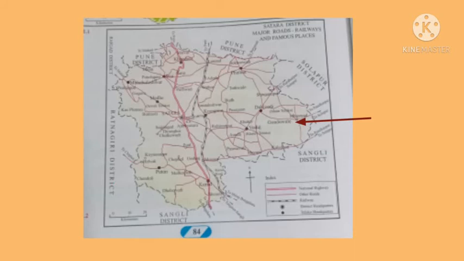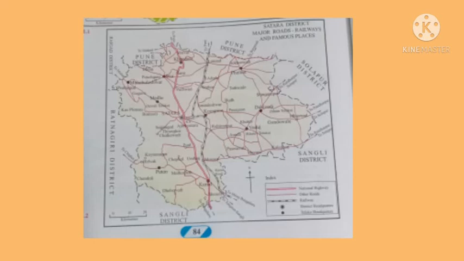Comparatively, the central part of the district has a dense transport network. So, what is the reason? In the central part, the height of the land is moderate. And why is it very sparse in the western part? Because the Sahyadri mountain lies in the western part and that region is comparatively very high.